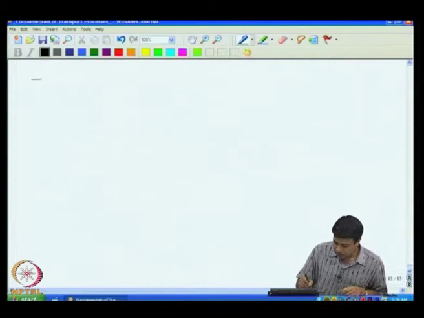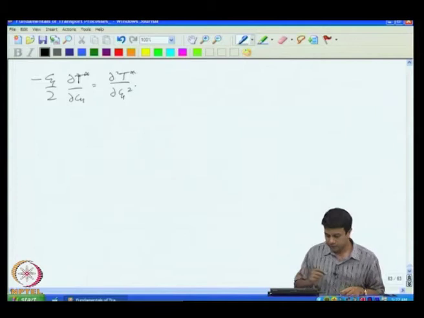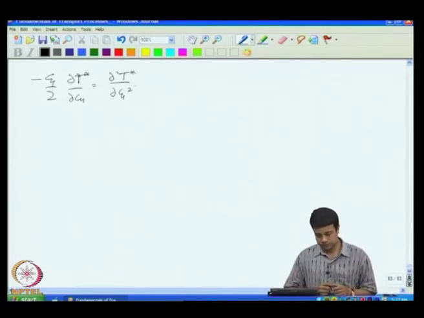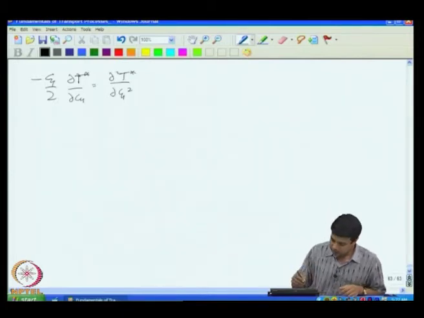So, my equation is minus psi by 2 dt star by d psi is equal to d square t star by d psi square. So, I can solve this now.